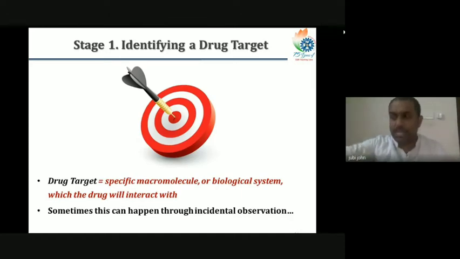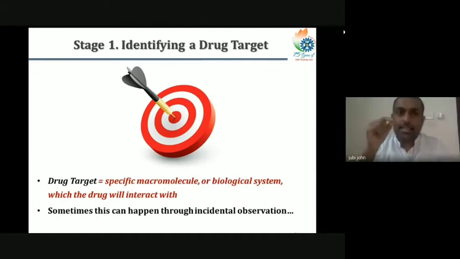The first one is selective toxicity. Whenever we take a drug or a tablet, it goes through our mouth, through our esophagus, it reaches our stomach, from the stomach, through the stomach lining, it reaches the liver, and from the liver, through blood, it reaches the whole body.